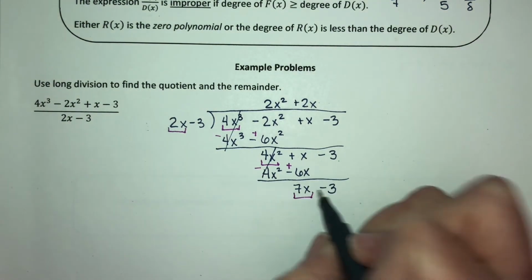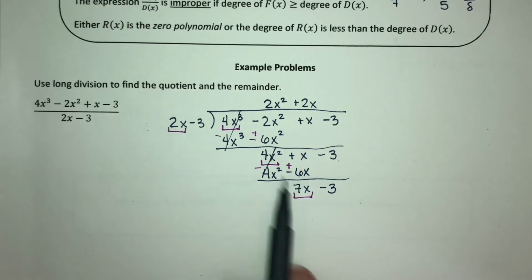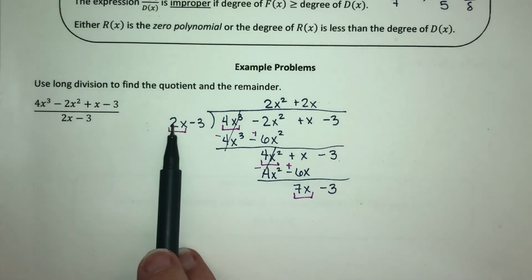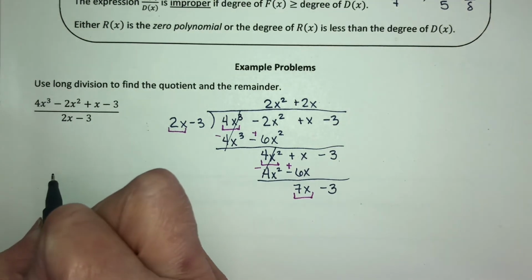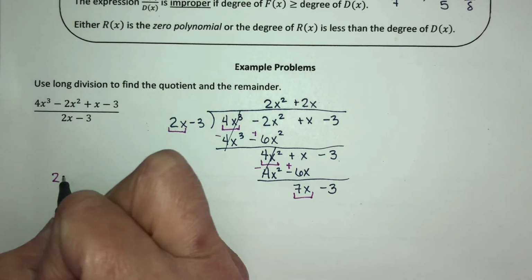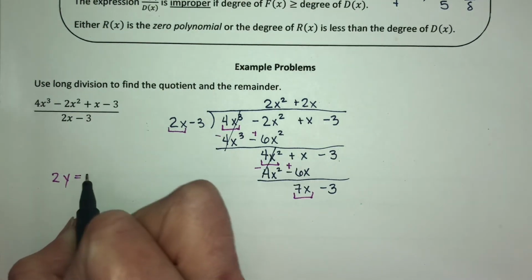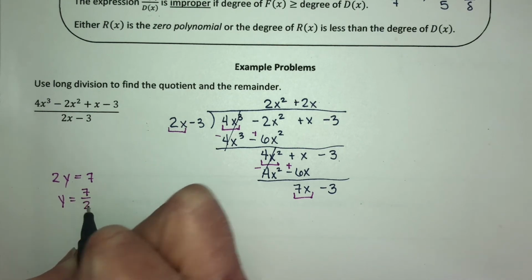Now one more time. 2x needs to become a 7x. Now the x is taken care of, so I'm just going to be multiplying this by a constant. But I'm going to have to think in fractions right now because I need to multiply 2 by something to get to 7. So 2 times something, let's just call it y since I have x's over here, gives me 7. So that y value has to be 7 halves.